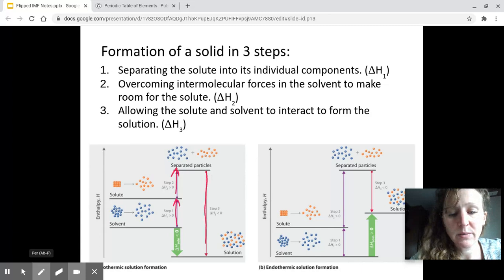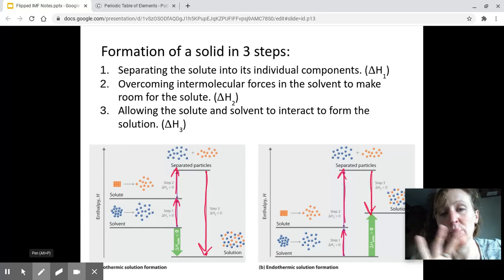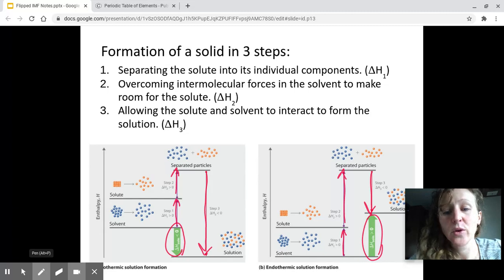And then they have step 3, creating the solution. They also have it over here. What's the difference between the two graphs? The difference between the two graphs is whether it's an exothermic or an endothermic formation of your solution.